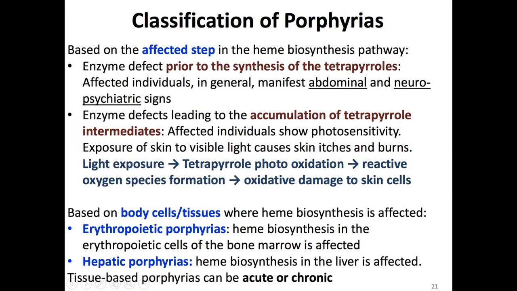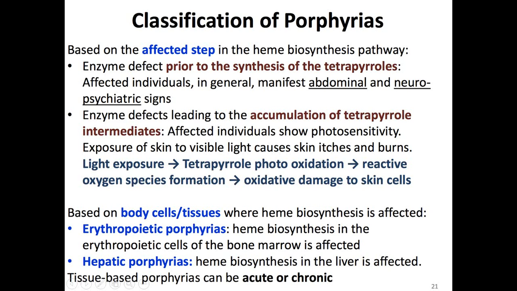Classification of porphyrias is based on the affected step in the heme biosynthesis pathway. Enzyme defects prior to the synthesis of tetrapyrroles, that is, before the synthesis of tetrapyrrole rings occurs, manifest with abdominal pain and neuropsychiatric symptoms or signs.